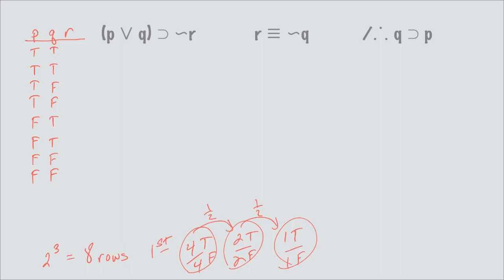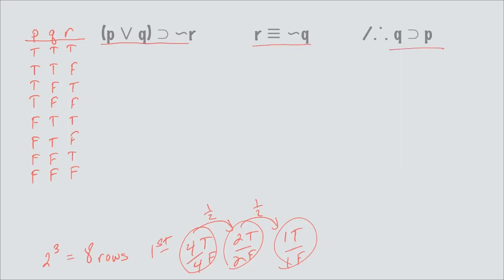So notice, 2 trues, 2 falses in combination for 8 rows. And then the last column is always going to be true, false, true, false. Now again, once I've done this, I simply go and transfer those values to each of these premises.